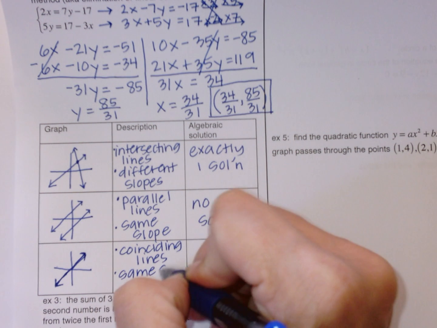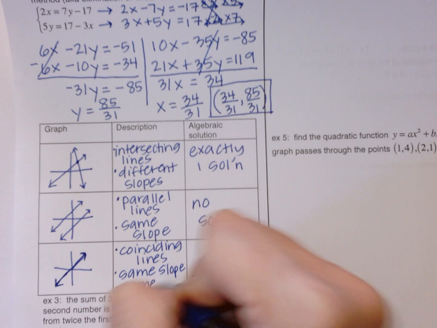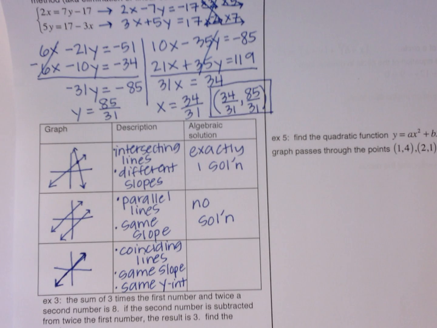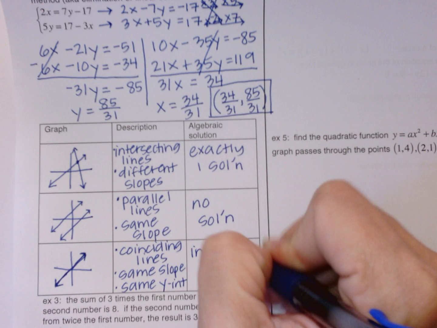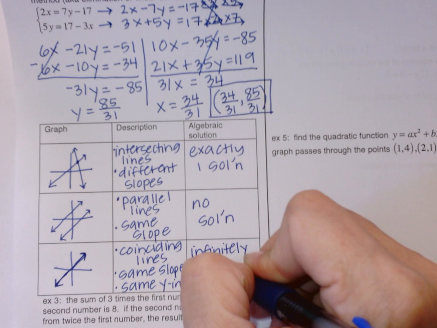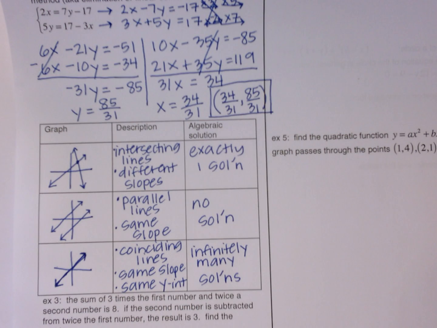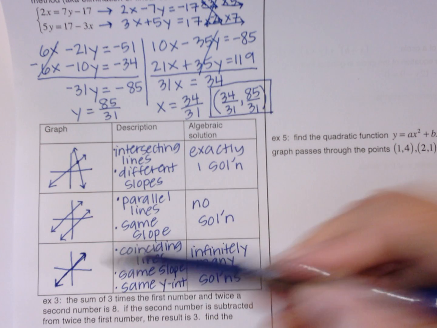Not only do they have the same slope, but they have the same y-intercept. And when that's the case, there are infinitely many solutions. So those are our three options. The lines could intersect, they could be parallel, or they could actually be the same line.